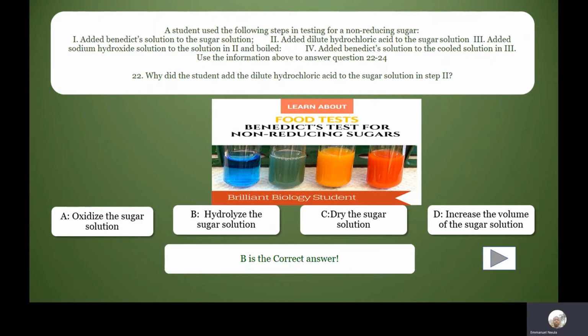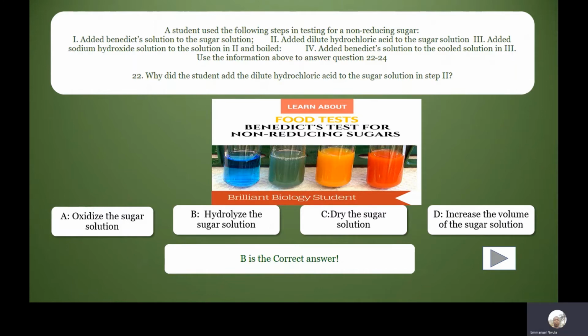A student used the following steps in testing for non-reducing sugar. The first step, he added Benedict solution to the sugar solution. The second one, he added dilute hydrochloric acid to the sugar solution.